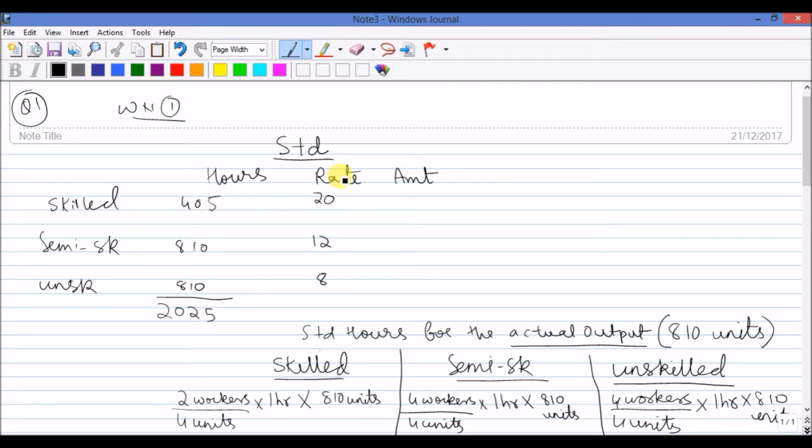Now 405 into 20 is 8100, and 810 into 12 is going to give me 9720, and 810 into 8 is going to give me 6480. So 8100 plus 9720 plus 6480 is going to give me 24300, and this is for the actual 810 units.